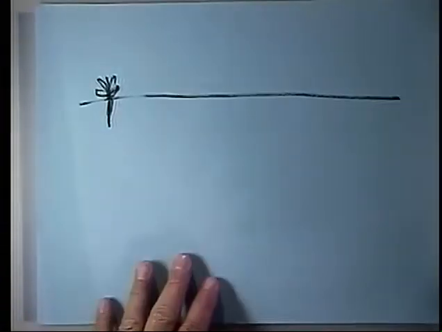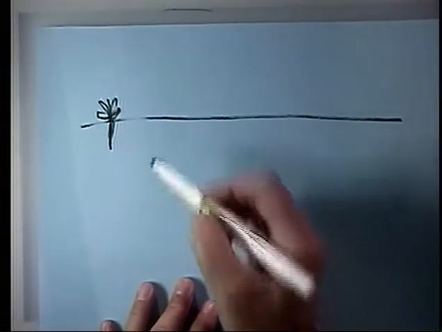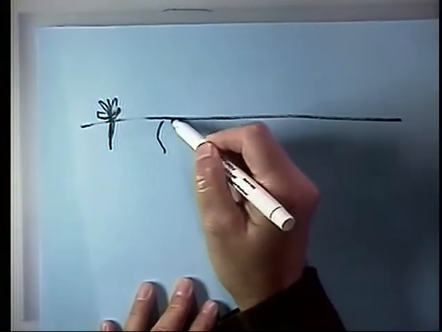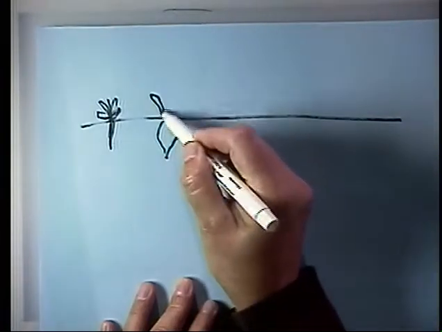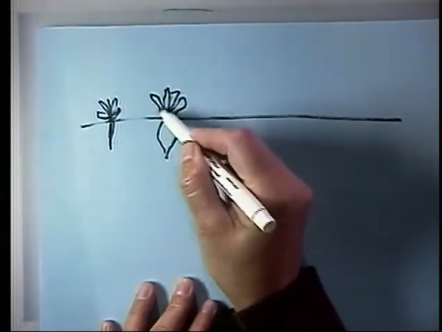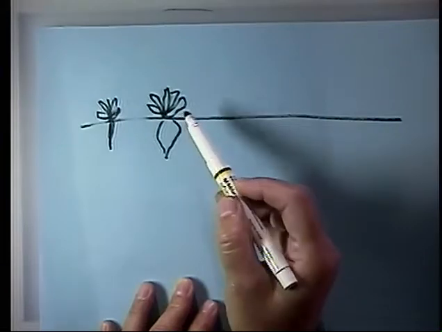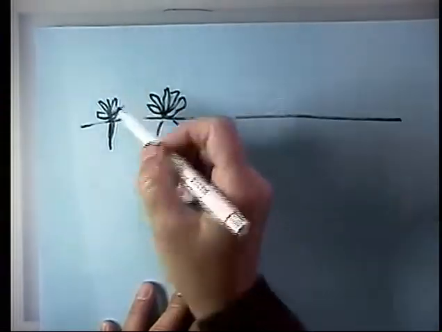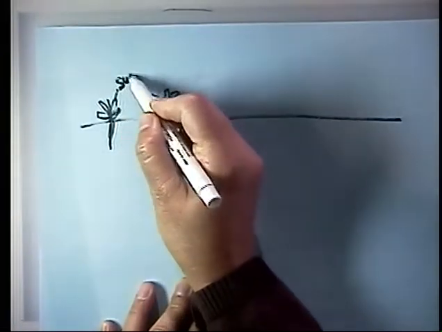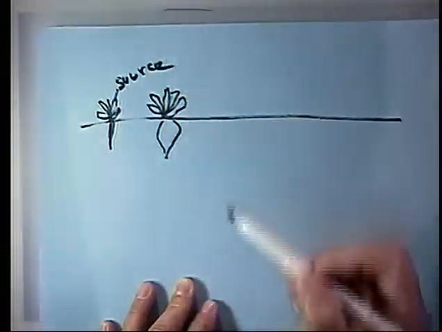The leaf is actually doing photosynthesis. What then happens as a plant develops? It will develop a storage root. So in this plant, the sugar is being made in the leaves, so that is a source, in the leaf at this point in the plant's life.